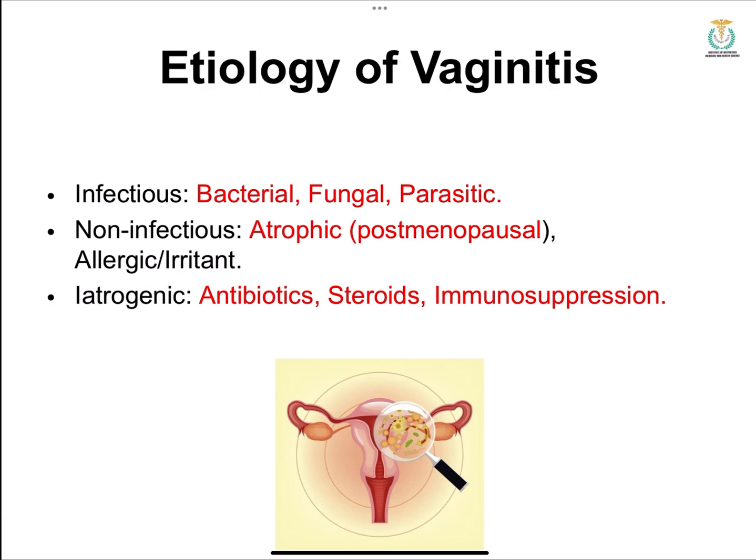Bacterial vaginosis is caused by the overgrowth of anaerobic bacteria and the replacement of lactobacilli. Vulvovaginal candidiasis is caused by Candida albicans. Trichomonas vaginitis is caused by Trichomonas vaginalis. Apart from these, there are non-infectious causes like chemical irritants, allergens, and atrophic vaginitis in postmenopausal women. So these are the etiology of vaginitis.